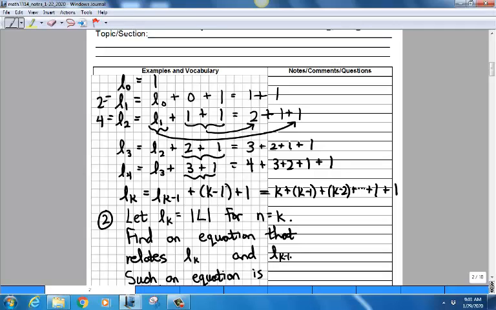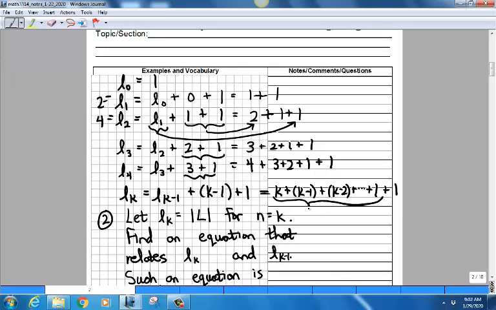Now, I'm going to make it even better because we have this sum involved in the formula for L sub k, but that's a very familiar sum. I think we already discussed it, didn't we? Here is the sum from adding the first k positive integers together.